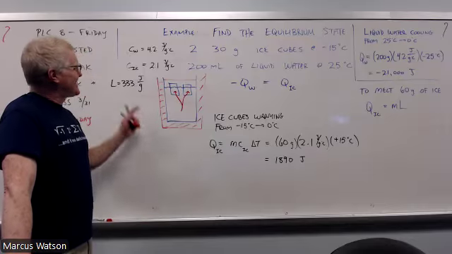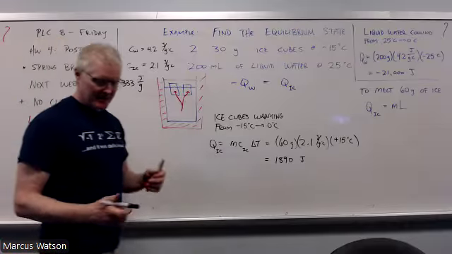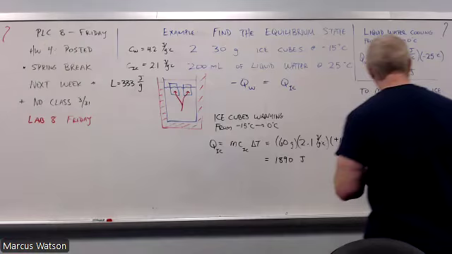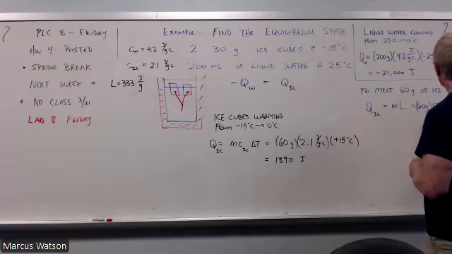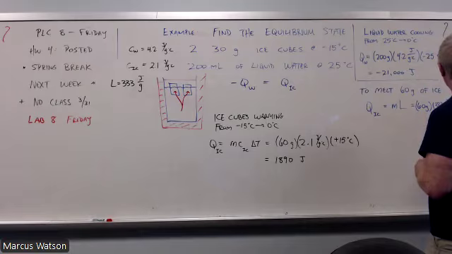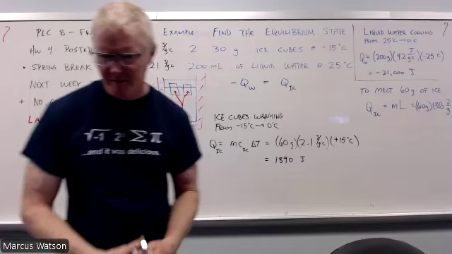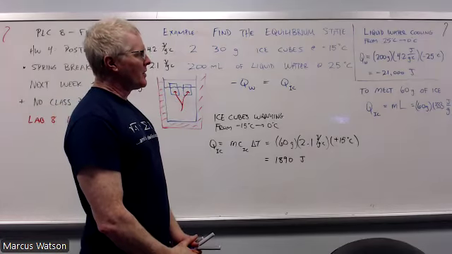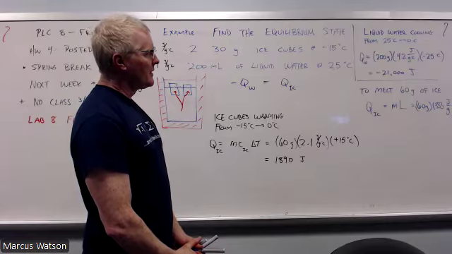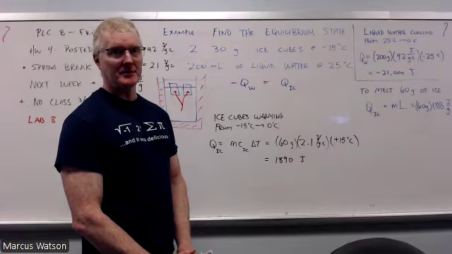So let's calculate 60 grams times 333 joules per gram. Oops, did I just barely fit that on the board? Barely. Last parentheses missing. Okay, that's going to be a pretty big number, right?